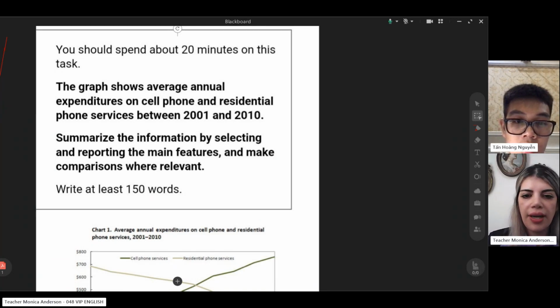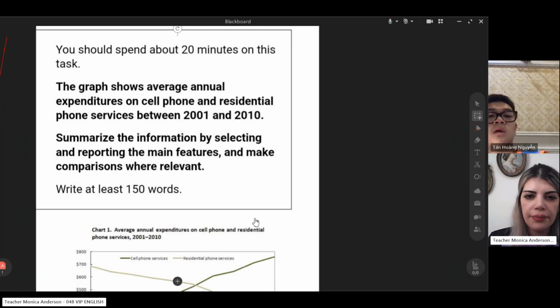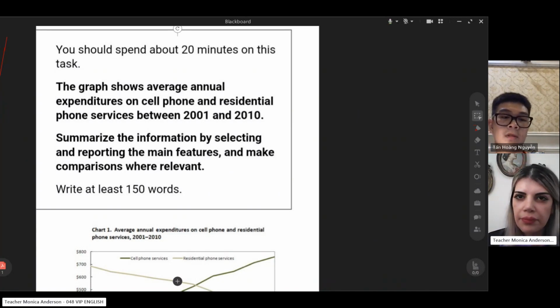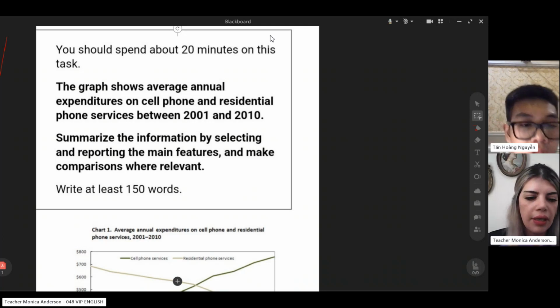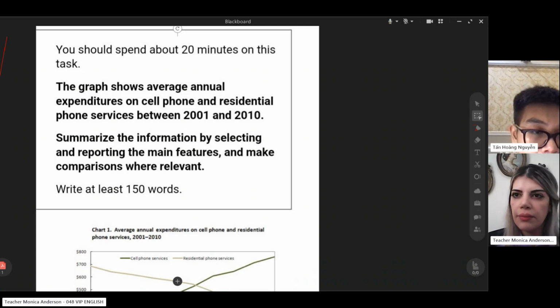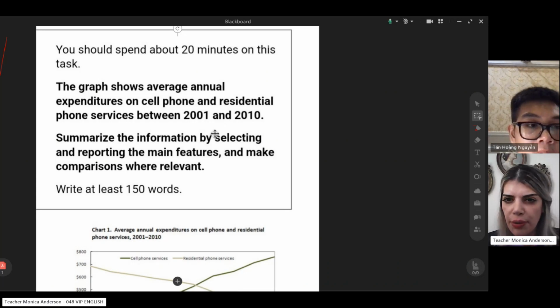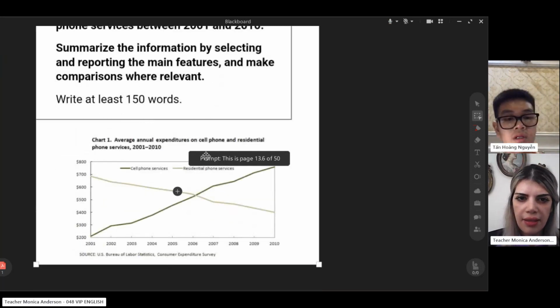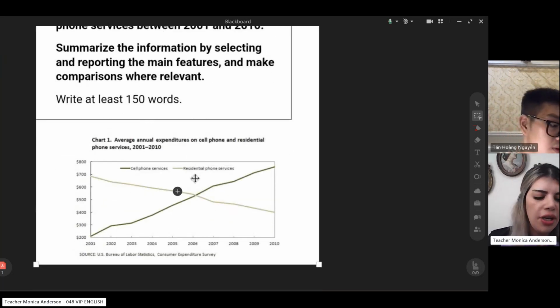And do you know the meaning of expenditure? It means cost. Yes, of course, cost means expenditure. Okay, let's write this one together.